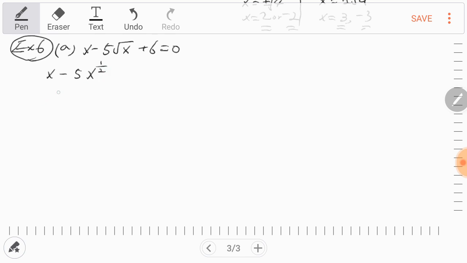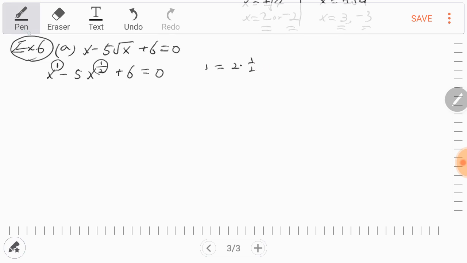The square root can be written as x to the 1/2 power. Then this is x to the first power. So the first power is twice this exponent, 1/2. See, 1 is equal to 2 times 1/2.